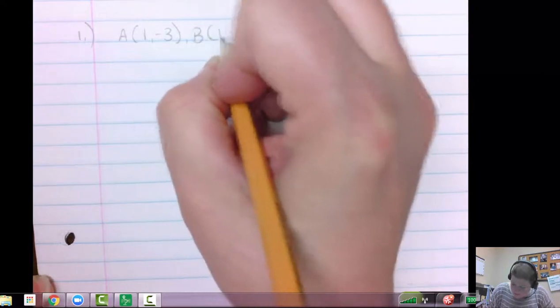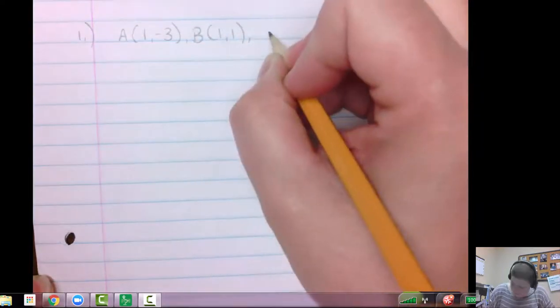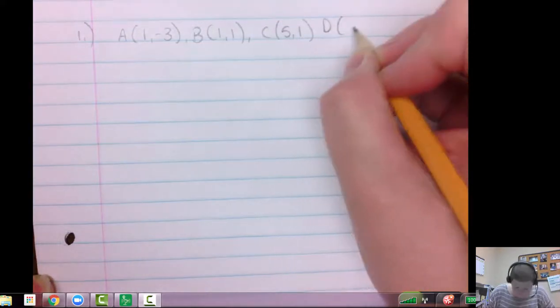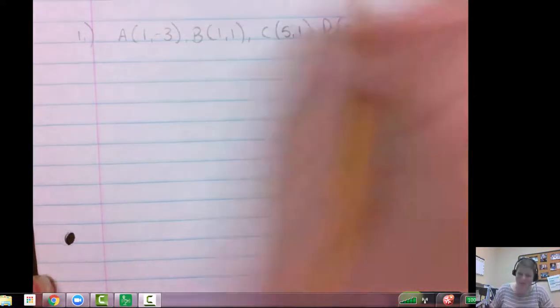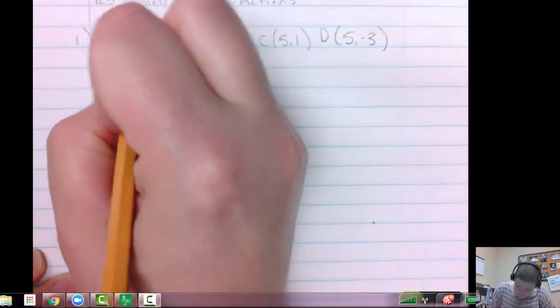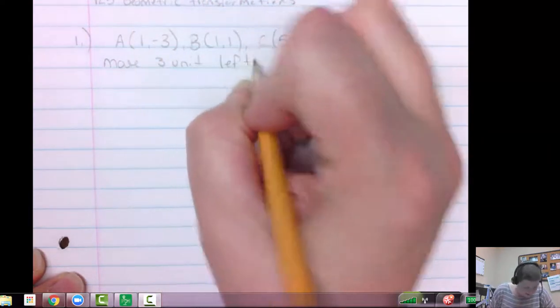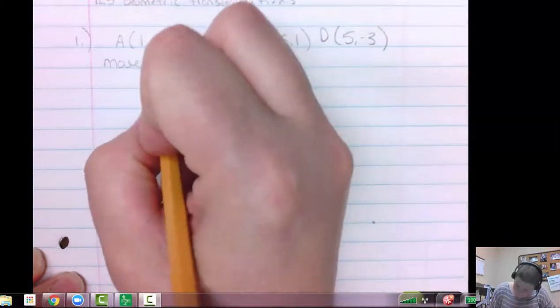So what if I have the points A is (1, -3), B is (1, 1), C is (5, 1), and D is (5, -3). Those are my points. I would like to move it 3 units to the left and 5 units up.